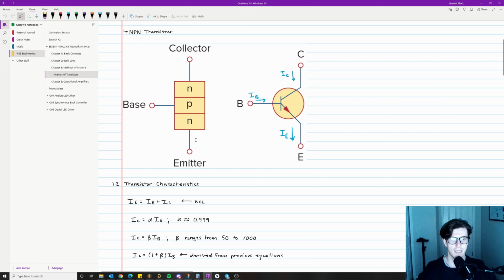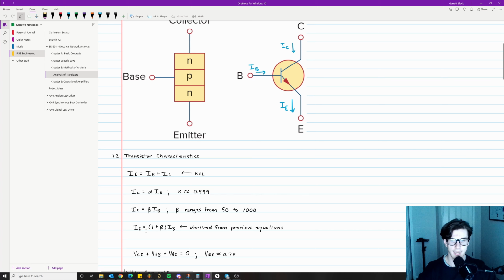So let's say you had a milliamp flowing into the base pin. If beta was 100, you would have 100 milliamps flowing into the collector pin. That's exactly what that means. There's no more. That's all you need to know. We'll see some actual applications of this in practice, but this is a really important one for understanding.